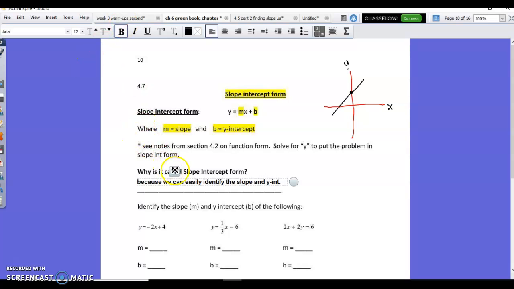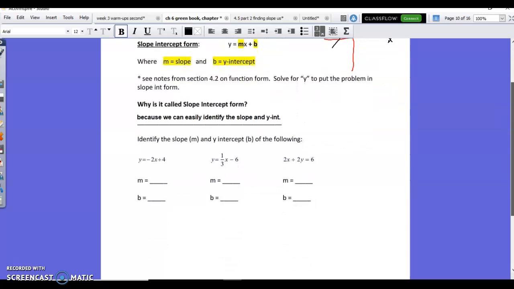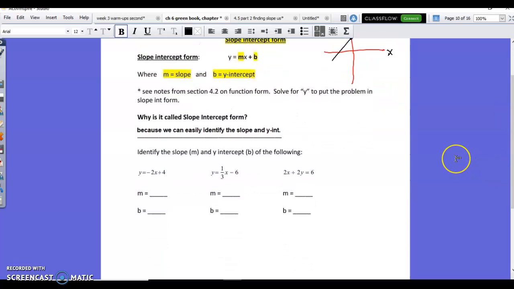That's why we call it slope-intercept form. This is a very quick introduction to slope-intercept form and why it's important to get it in this form sometimes. We can then very quickly say, what's our rate of change, or what's our slope, and what is our y-intercept based on this problem.